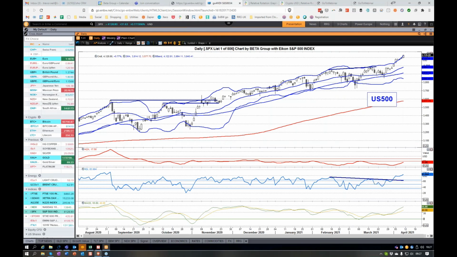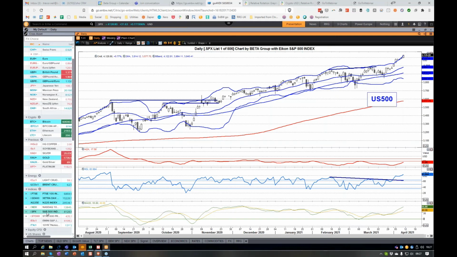I wouldn't be surprised to see a pullback, but the MACD is positive, the RSI direction is positive too, and the ADX is turning up as well. We've got support now from the old resistance at 4,000, I'm going to call it. That number should support any pullback if we get it during the week, but the structure of this is very strong indeed.